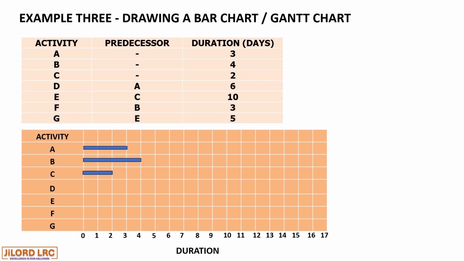Activity D commences when A ends. So activity D with a duration of 6 days starts from day 3 where A ends. 3 plus 6 is 9.